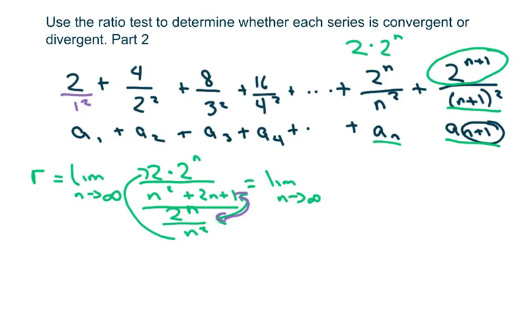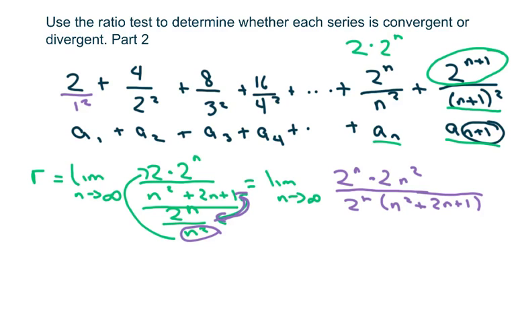So at this point, we're going to get 2 to the nth times n squared over, and you can multiply these two, so you get 2 to the nth times n squared plus 2n plus 1. And what you notice, these 2 to the nth powers cancel.